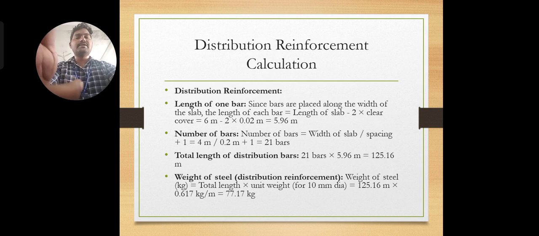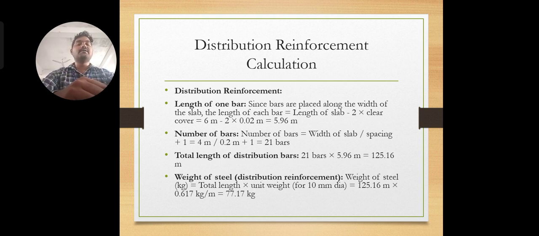If you see the distribution reinforcement, here also similarly we calculate the length of the 1 bar. How can we calculate it? Previously we took the width of the slab, and now we take the length of the slab. So length of the slab minus 2 into clear cover.